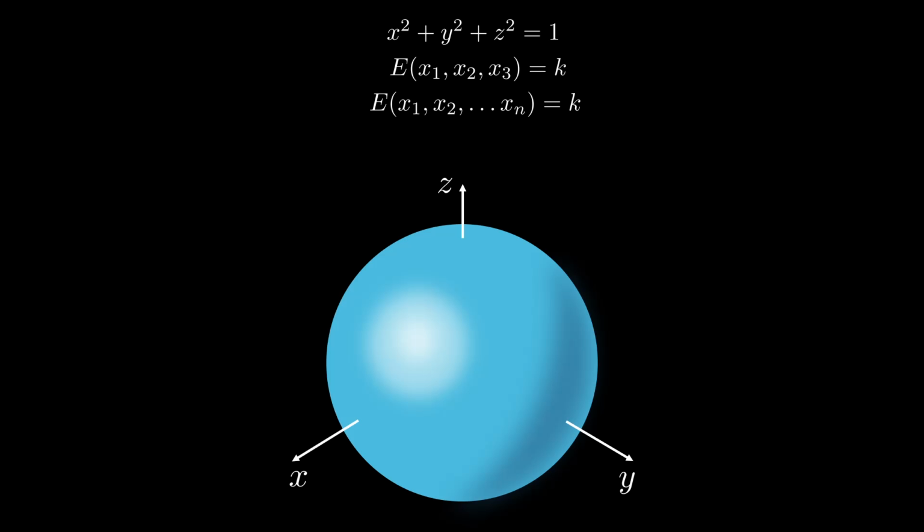I can have, for example, an equation of n different variables: x, y, z, t, and other letters. The graph of this equation is what we call a hypersurface, okay? Because it's like a surface but in higher dimensions. So let's continue.